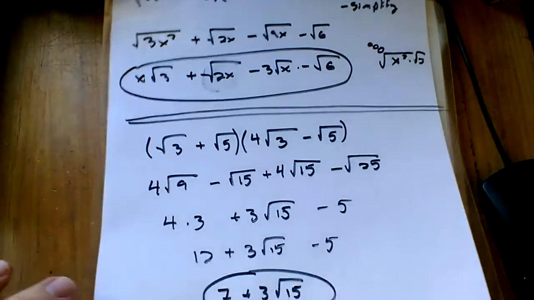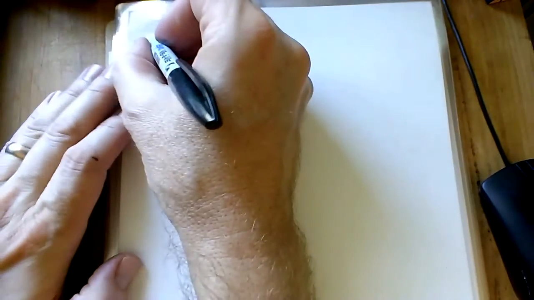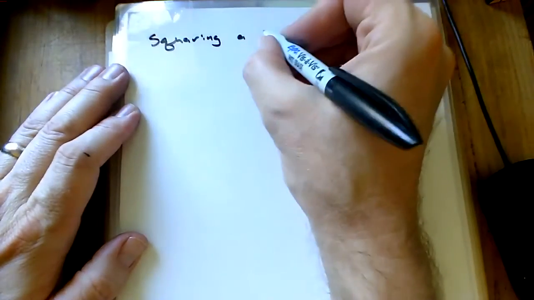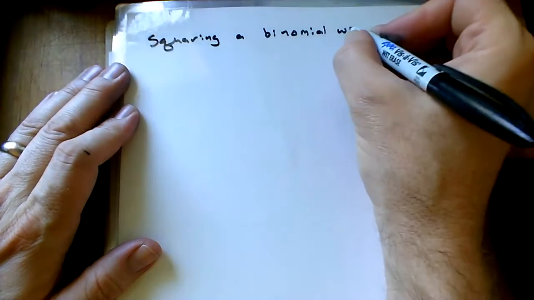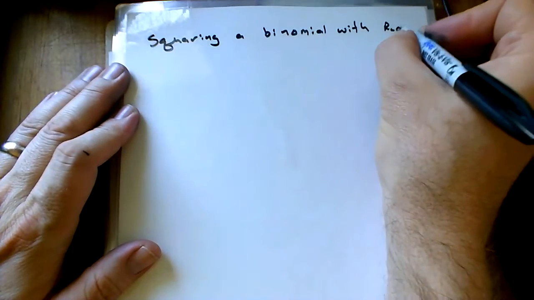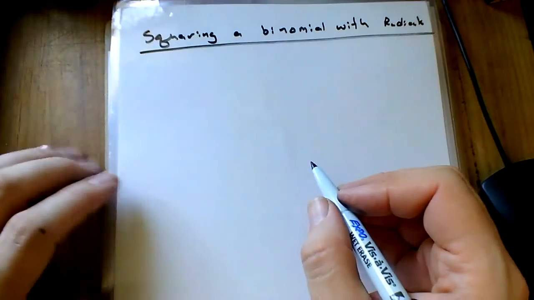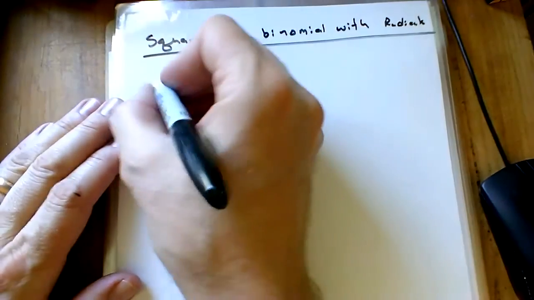One thing I definitely want to talk about, though, is a couple of our special forms. Our special forms are things like the square of a binomial. So if we are squaring a binomial with radicals, we can, in fact, use a shortcut, but I don't think it's going to be much of a shortcut for most folks.